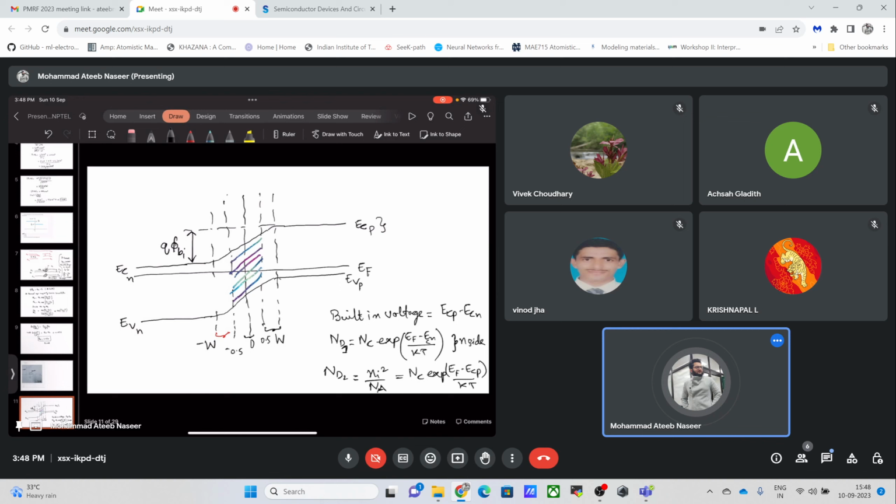So we have not done anything new here. We have just used the law of mass action, and we have just tried to represent this concentration ND2 in terms of the difference of the Fermi level and the conduction band edge on the P side.